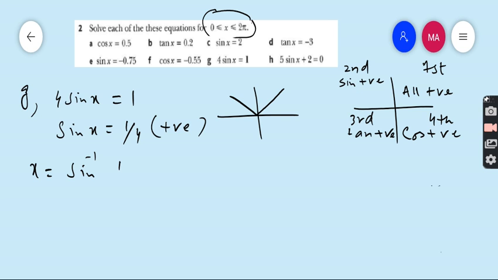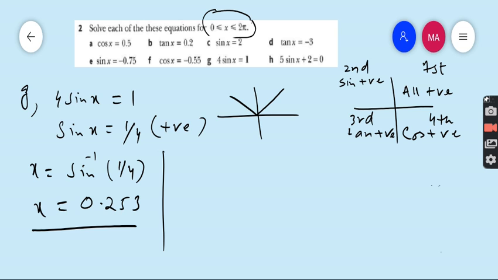So x is equal to sine inverse 1 upon 4, which is equal to 0.253. And how to find the second value? Very easy, just subtract 0.253 from pi. You will get 2.89.